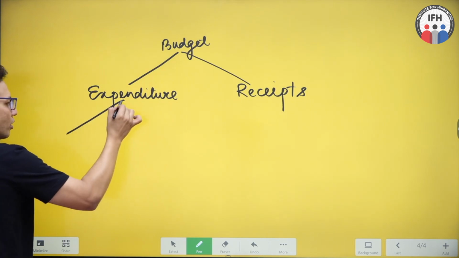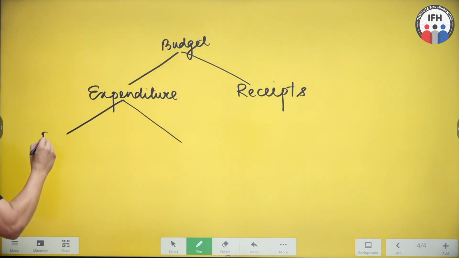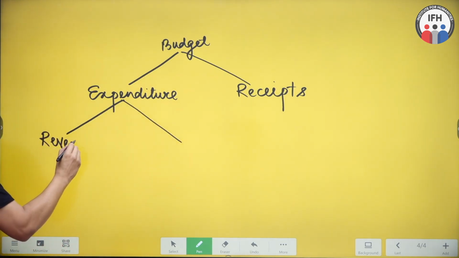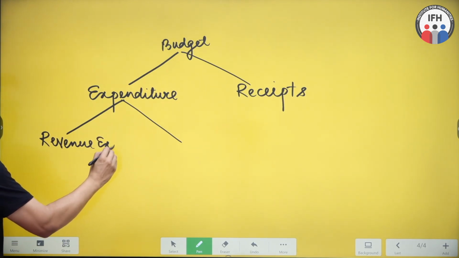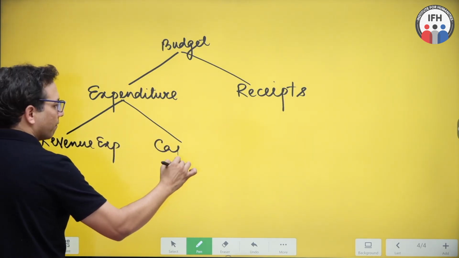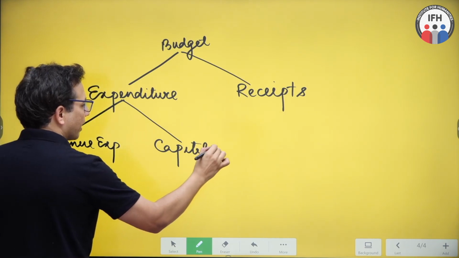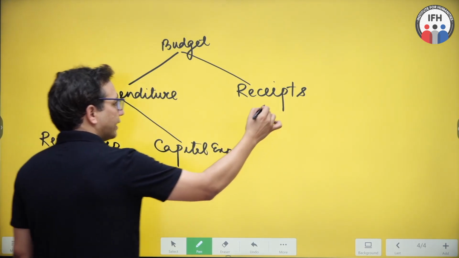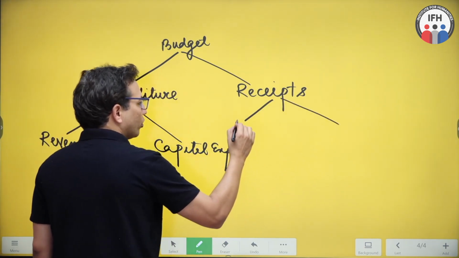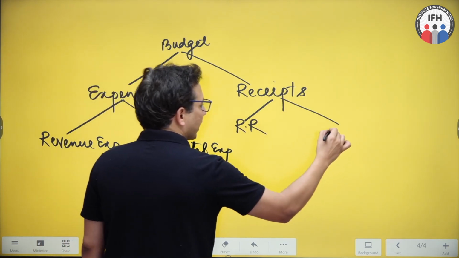Government's expenditure, two types: revenue expenditure, capital expenditure. Receipts two types, revenue receipts and capital receipts.